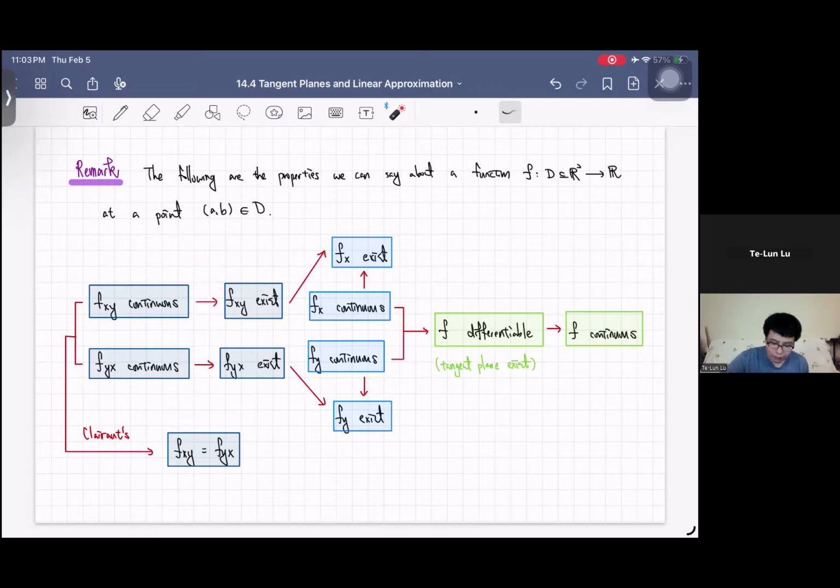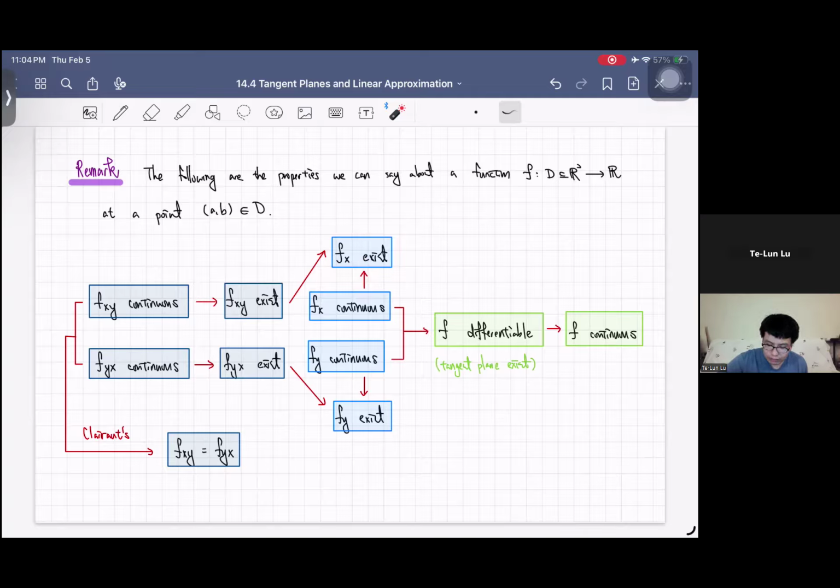And we know from our last example in 14.3 that there are some functions where these two are the same, but this might not be continuous. The same thing happens here. There might be some function where fx exists but fy does not exist. That is quite trivial. And there might be some function where fx exists but fx is not continuous. That is also quite intuitive.